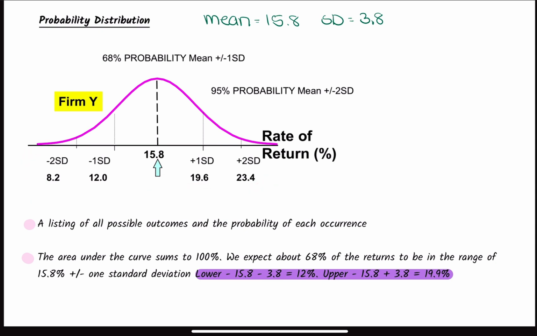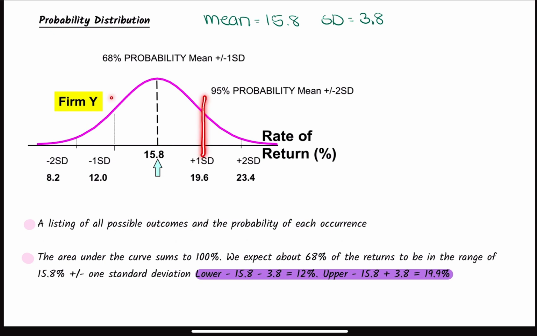So what's our possible rate of return? We can have a rate of return of the average of 15.8%. We can go out 1 standard deviation, which means that our return would be 19.6%. We could go down a standard deviation, taking away the 3.8 and having a return of 12%. So this is listing all the possible outcomes and the probability of each occurrence.